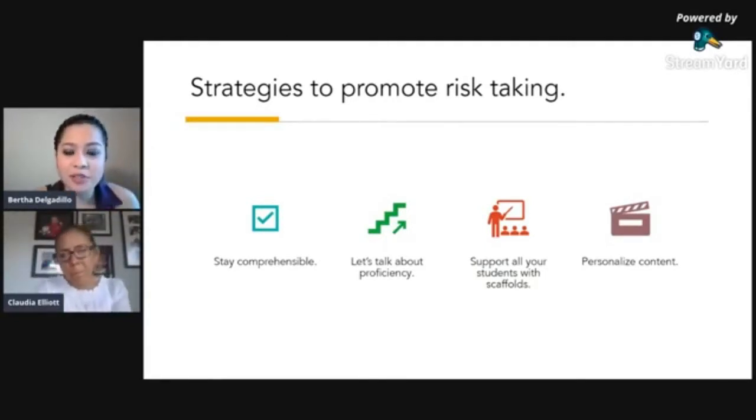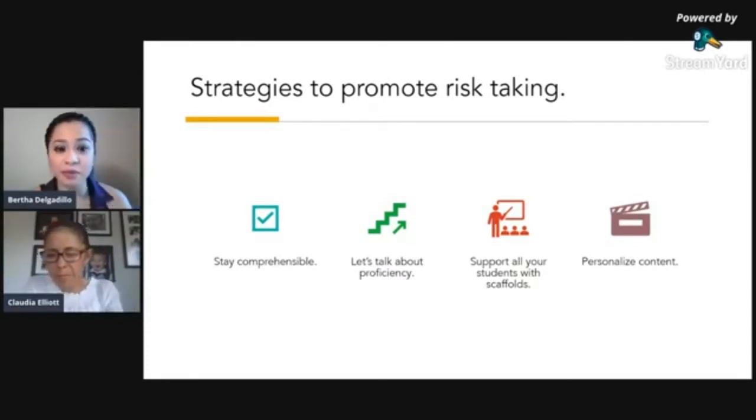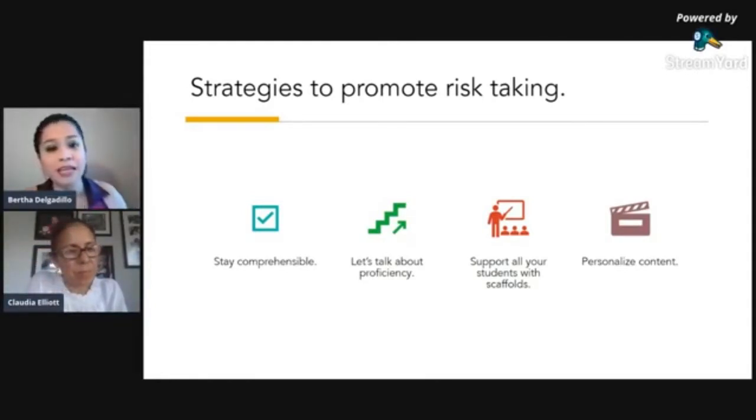So we also want to make sure we talk to our students about proficiency and what it means to go up the levels of the performance descriptors, what it means to be performing at the novice high level and what it needs to be performing at an intermediate low level.